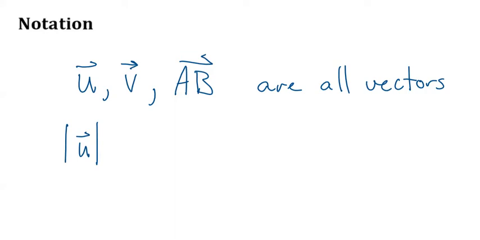Absolute value. It looks like that, and it's related to that, but it's not the same. So interesting that we don't do it this way in physics. This is the magnitude of vector u.